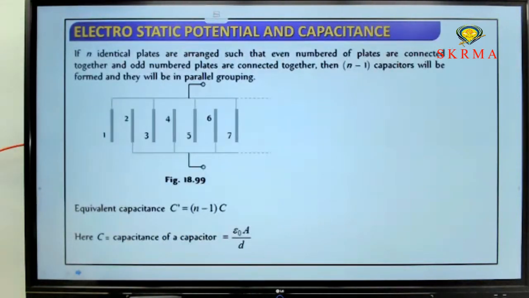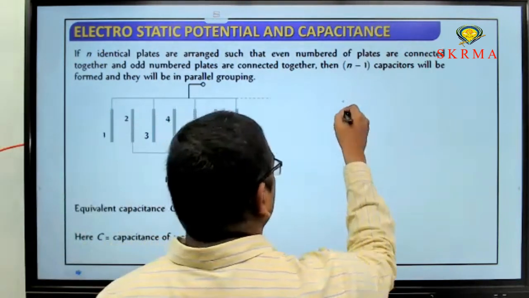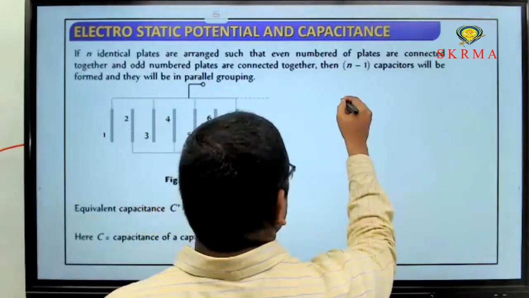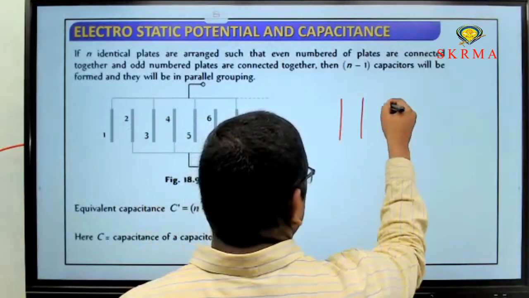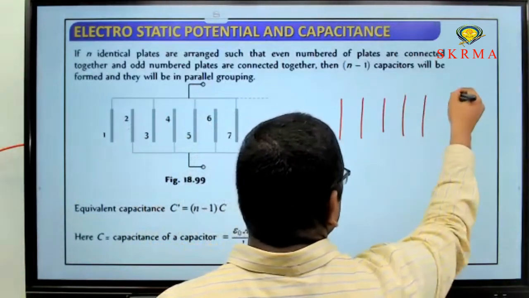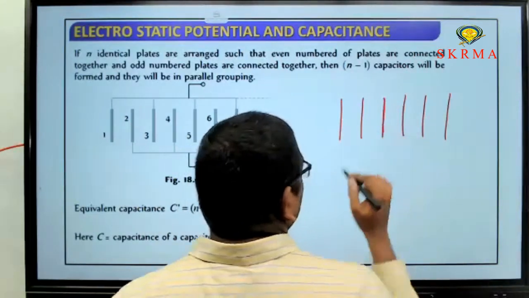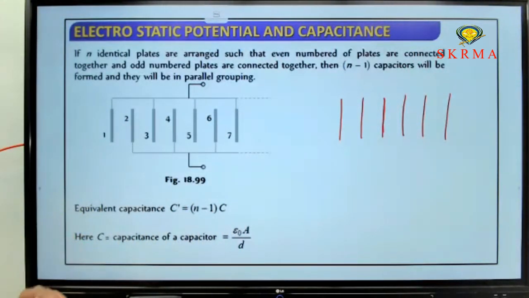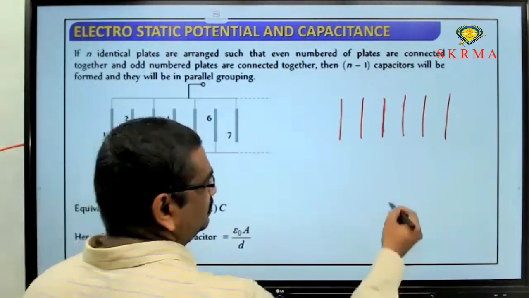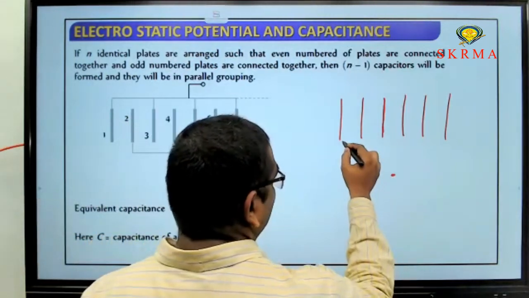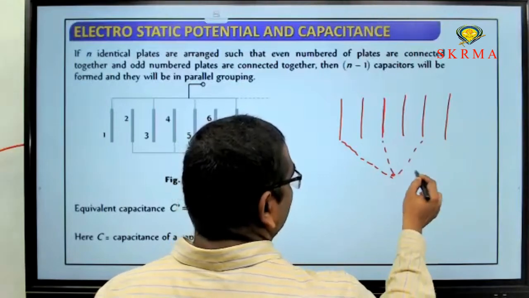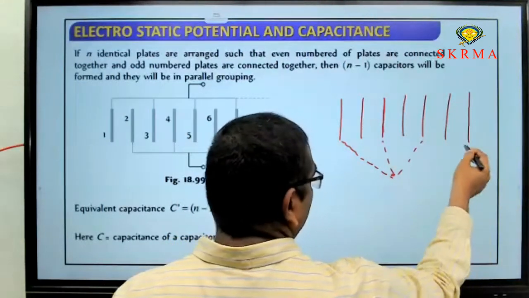Next one. Here n number of capacitors are there. For example, capacitors are placed like this: one capacitor, second one, third one, fourth one, fifth one, sixth one. This is important for problem solving. Now alternate plates are connected at one side. So on this side, I am connecting this one, this one, this one, next this one.